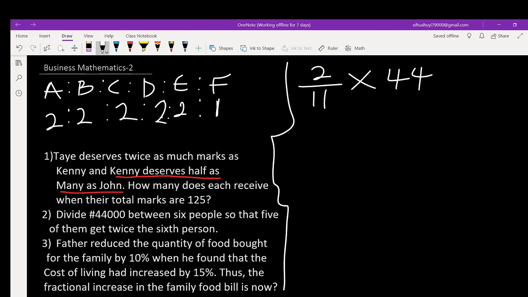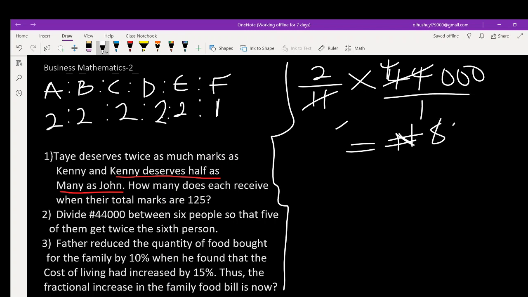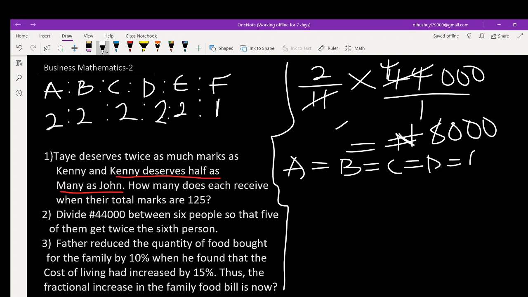44,000 upon 1. 11 here, that is 4. 4,000 times 2, that is 8,000. A is equal to B, is equal to C, is equal to D, is equal to E. And every one of them will get 8,000 naira.